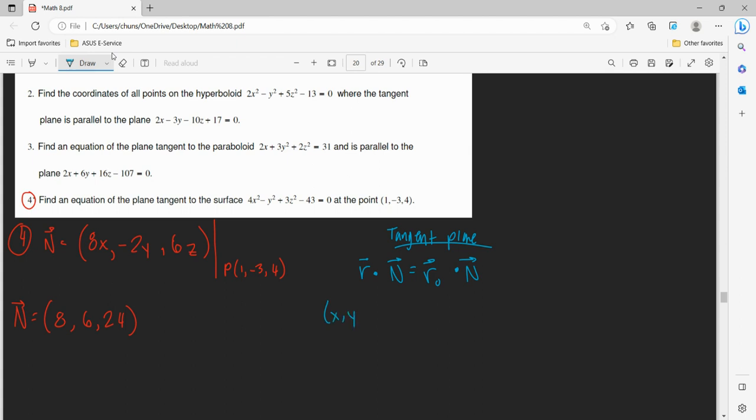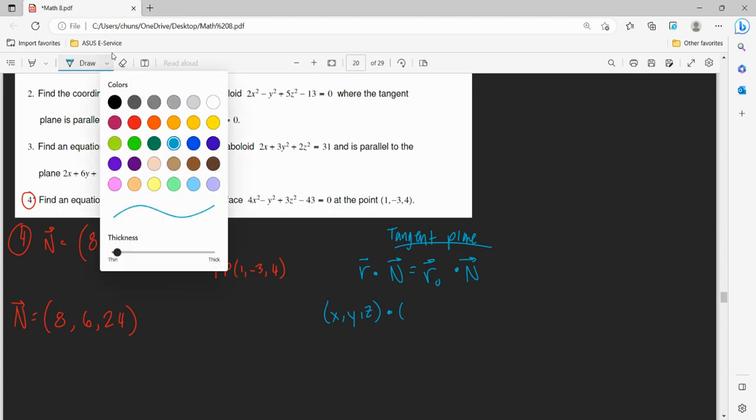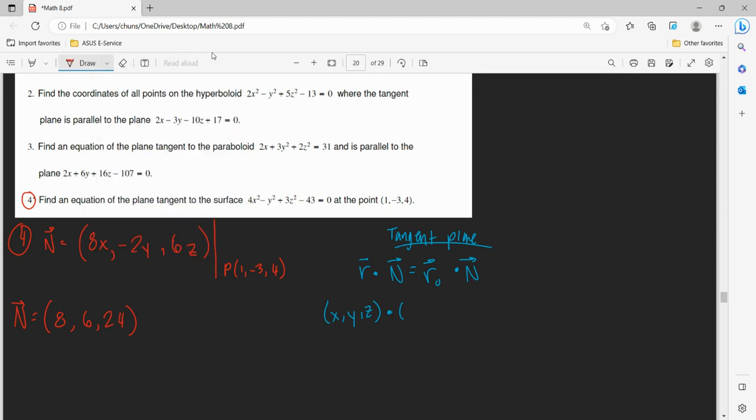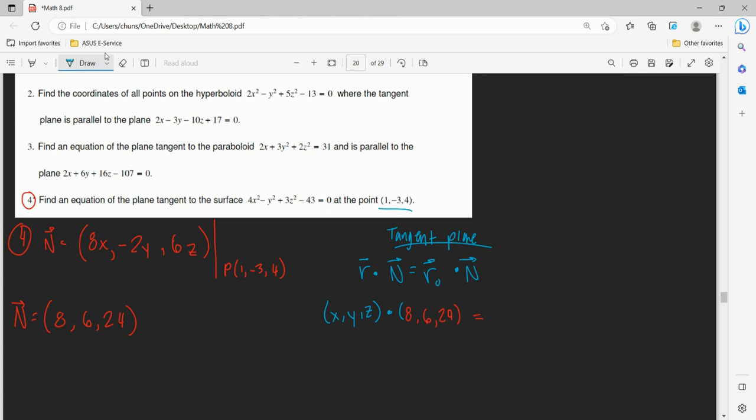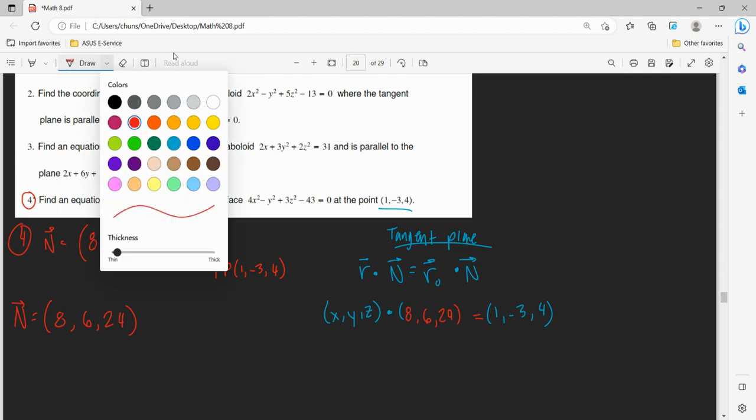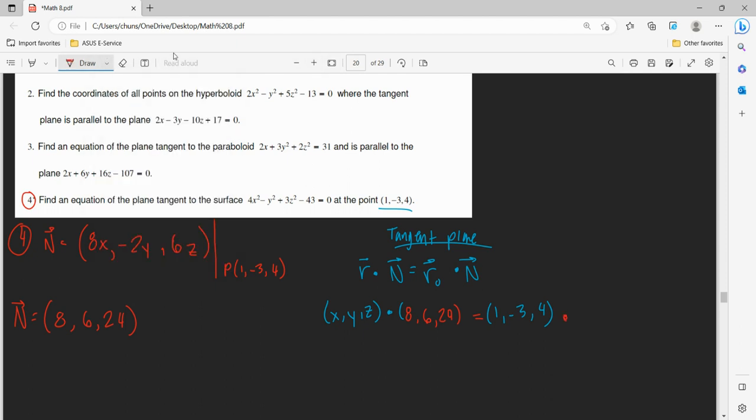So this is x, y, z, dot product with 8, 6, and 24. And this is equal to our original point, which is 1, negative 3, and 4, taken with the dot product of our normal vector, which is 8, 6, and 24.